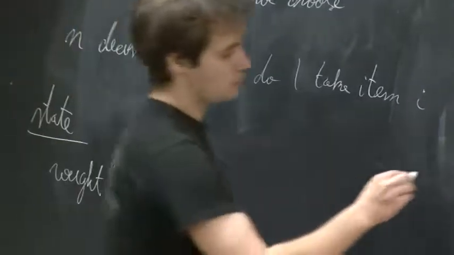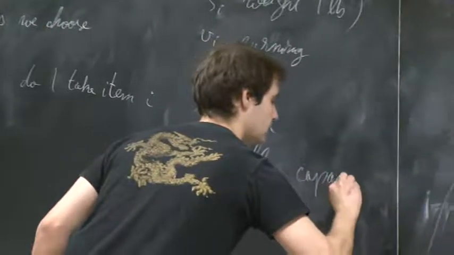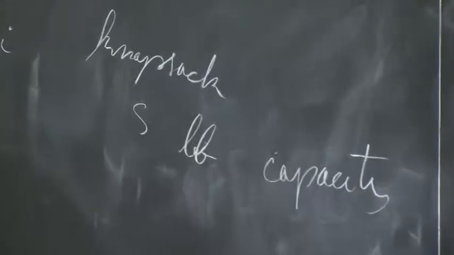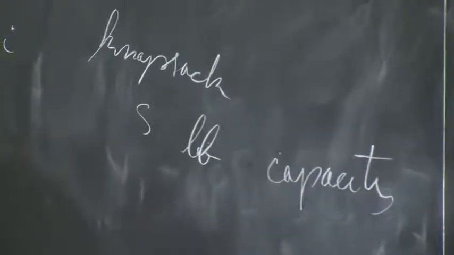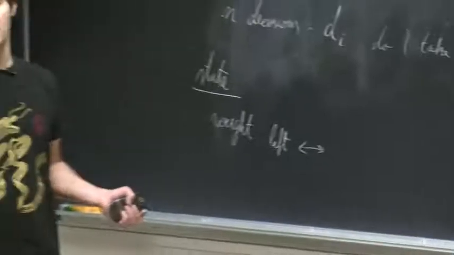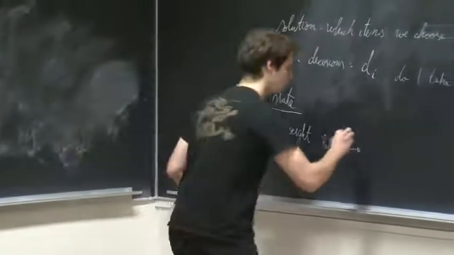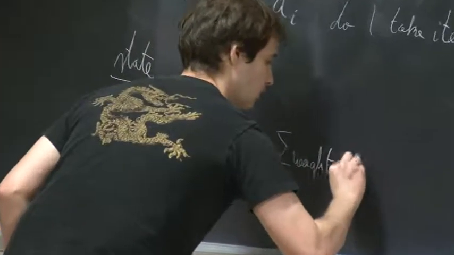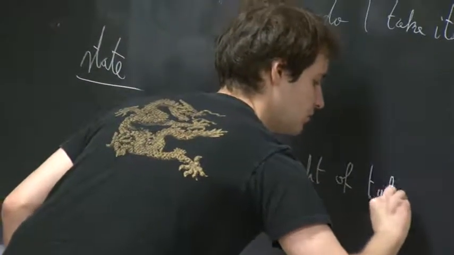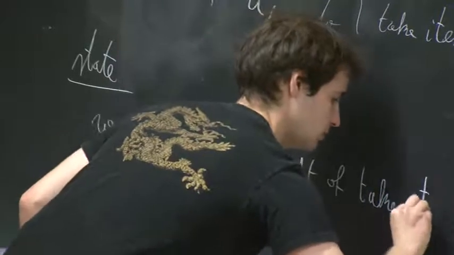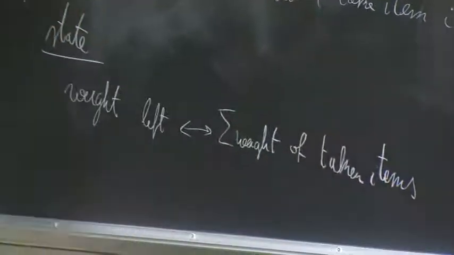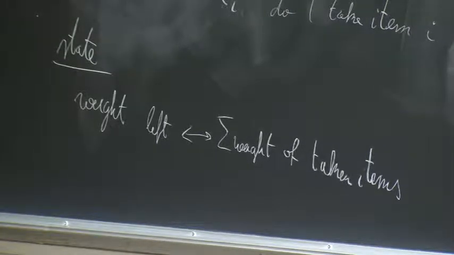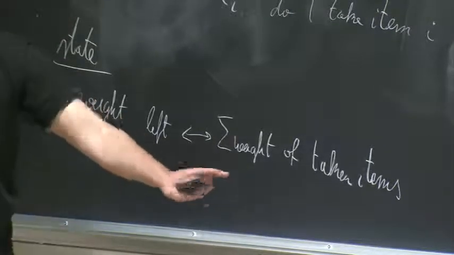So S pounds, this is capacity. So how much weight is left in my backpack's capacity? And this is equivalent to how much weight I have accumulated, right? The total weight of the items I have taken so far. So the sum of the weights of the taken items.